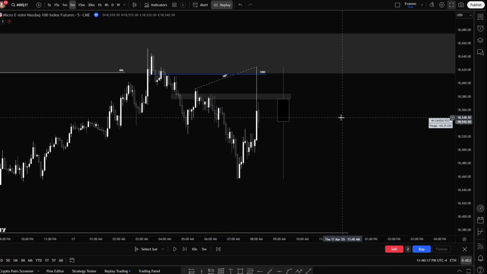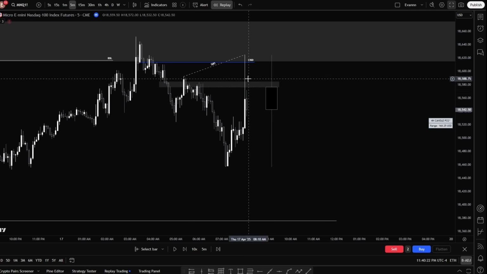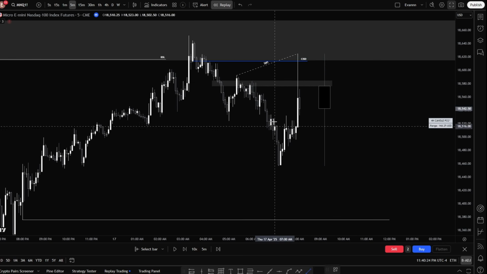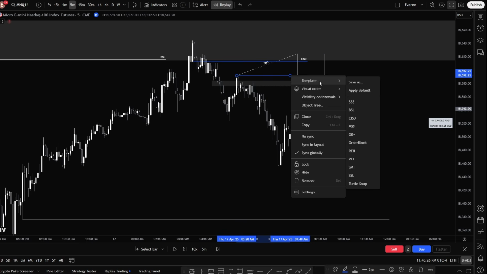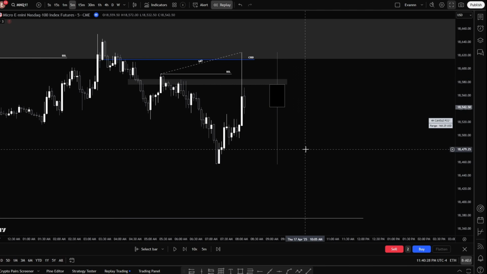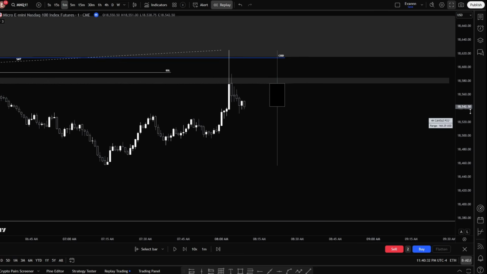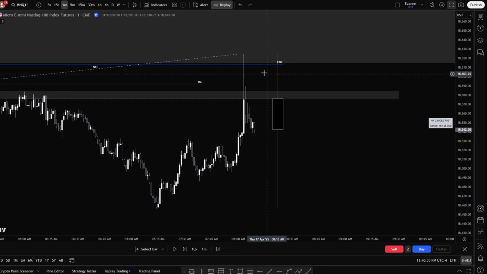Tapping this changes the state. SMT at the highs, area where we expect to reject. Also respecting this 15-minute. Right? So zooming in, it's up to you.